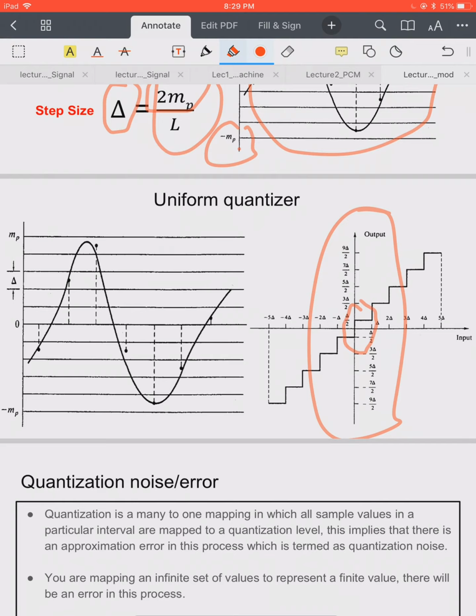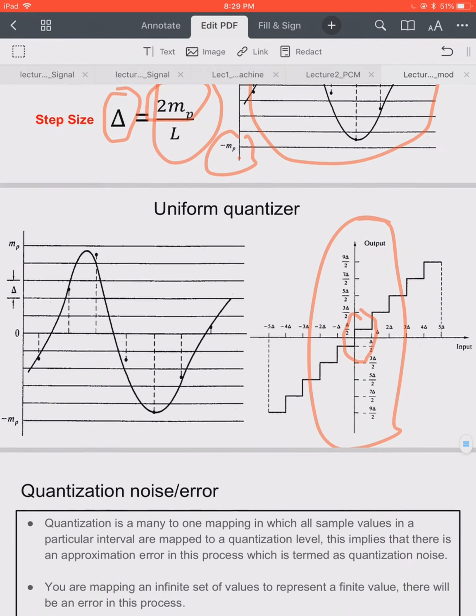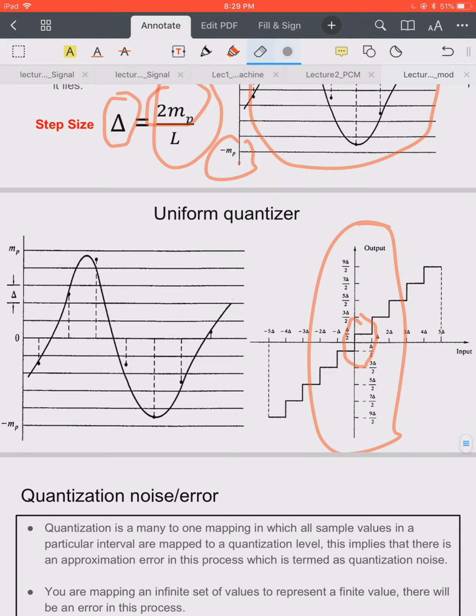But if you use an odd number of levels, the quantizer characteristic will be flat at the midpoint. That is the basic difference, but the analysis will be completely the same. So this is just one example of uniform quantization.